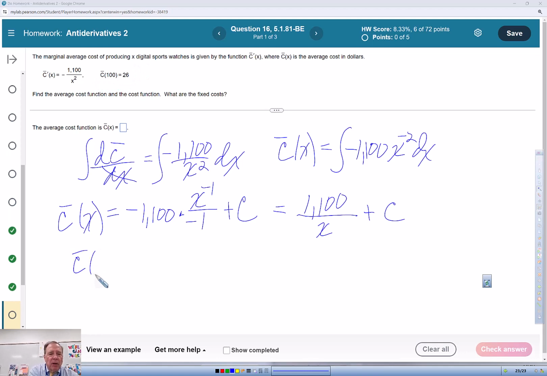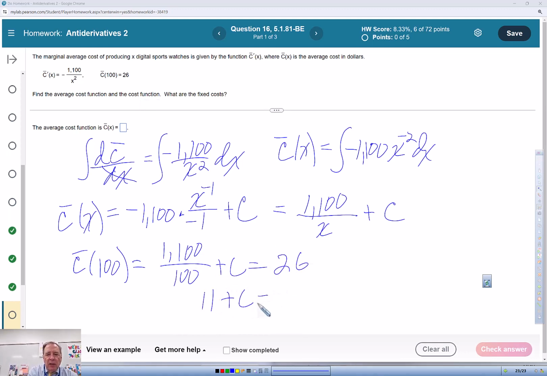So C bar at 100 is 1100 over 100 plus c, replacing the x with 100, and that has to equal 26. So 11 plus c equals 26. So c equals 15.